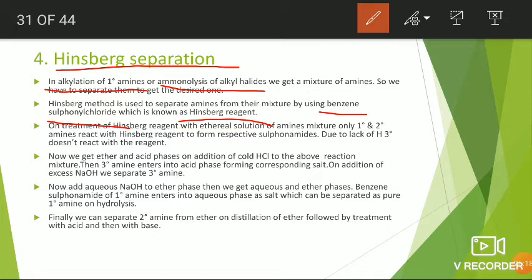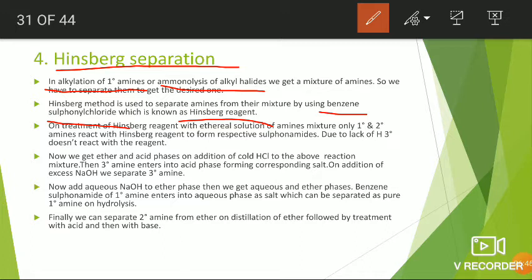If you take the mixture of amines which contains primary, secondary, tertiary amines, and quaternary ammonium salts, obtained on the ammonolysis of alkyl halide, it contains four types of molecule: primary, secondary, tertiary amines, as well as quaternary ammonium salt. In order to separate this mixture, we have to follow a series of steps.